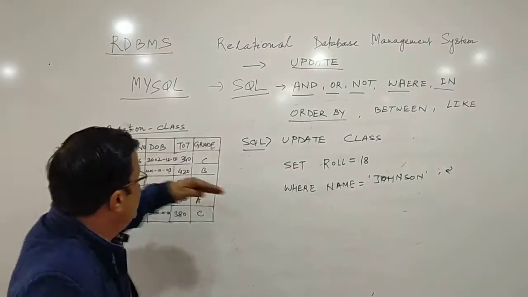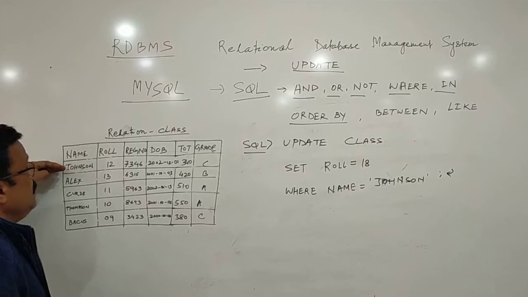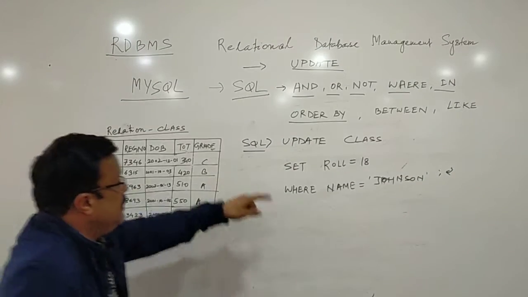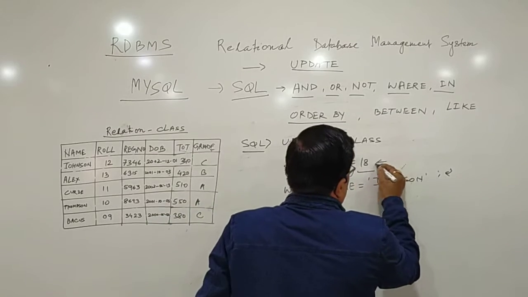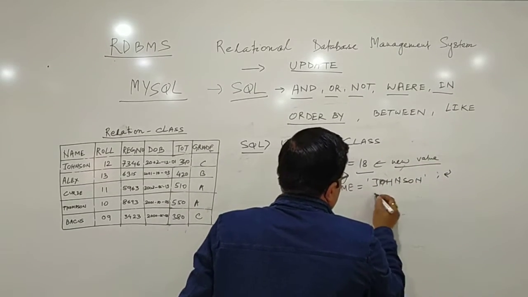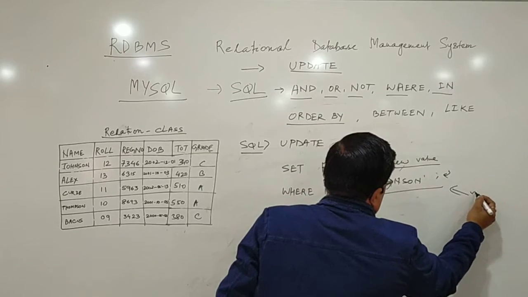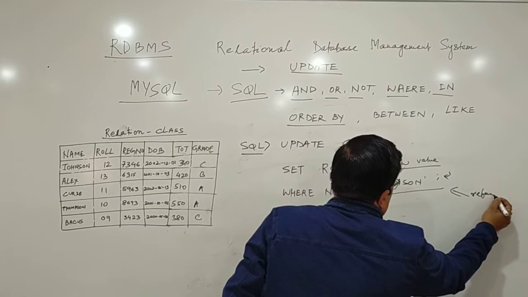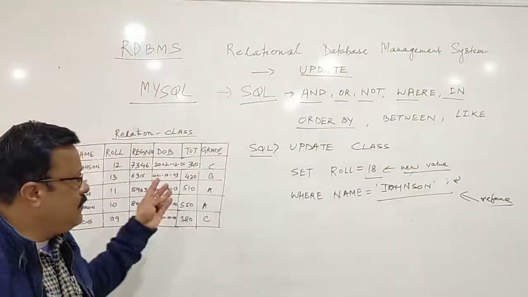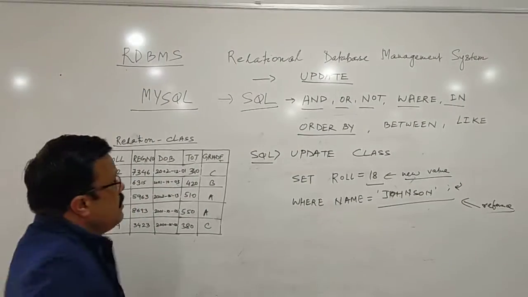Name is equal to Johnson. First it searches the record where name is equal to Johnson, then it goes to the column roll number and puts 18 here. This is the new value that we want to change, and this we are giving as a reference. Clear? In that way we can update, we can change any particular value of a table.